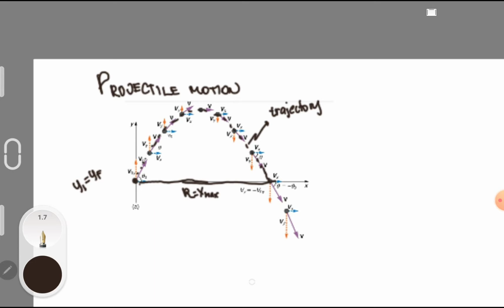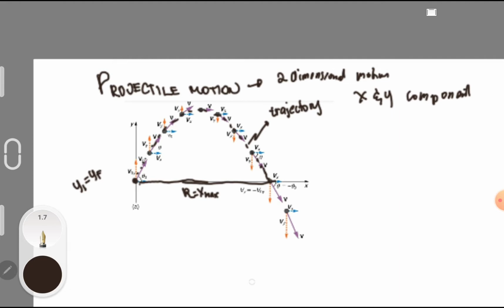So take note, since we are dealing with two-dimensional motion, we will break this down into its x and y components.